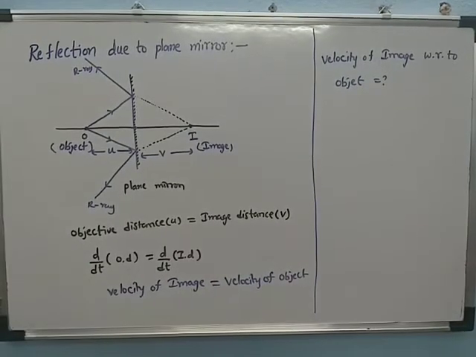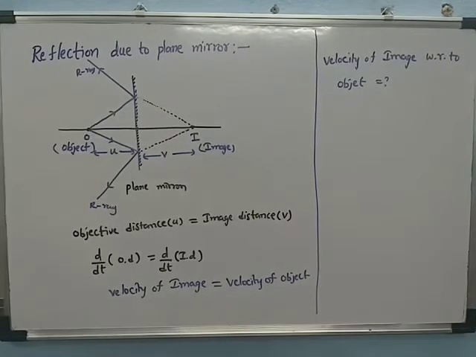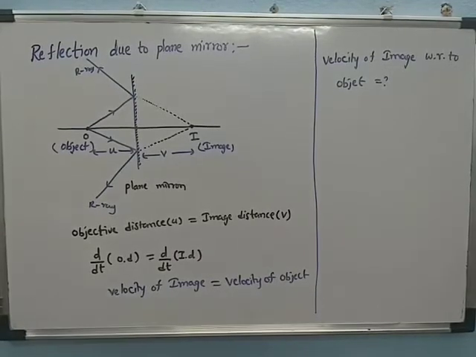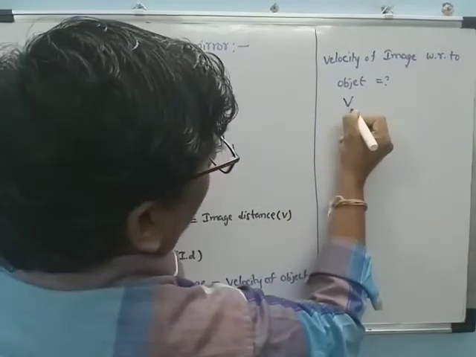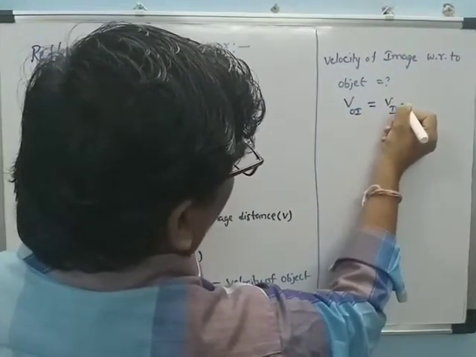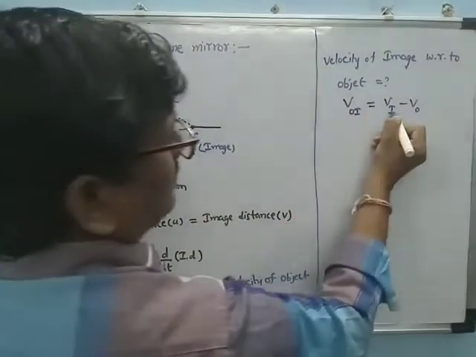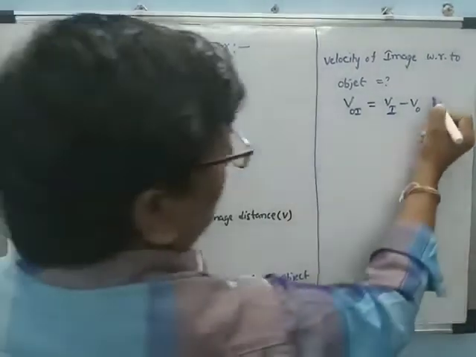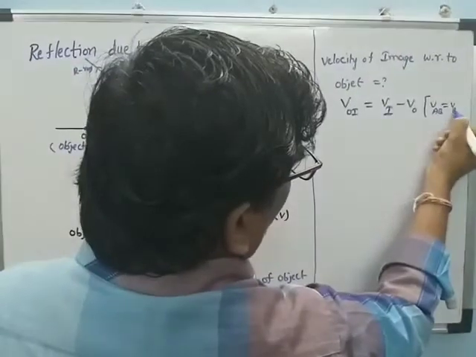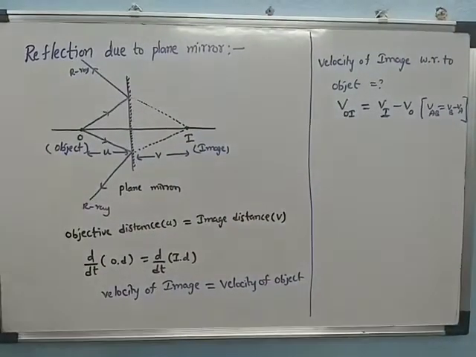The velocity of one body with respect to another body is called the relative velocity. The relative velocity of body A with respect to body B is equal to Vb minus Va. That is the formula we apply here.